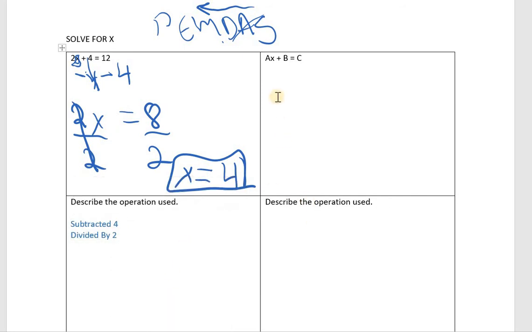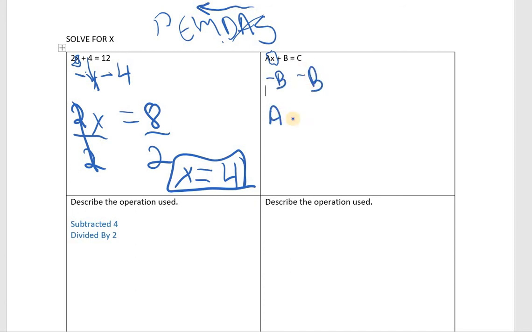All right, and now we're going to use the same idea. We're going to circle our x. And instead of a 4, it's a B, and instead of a 2, it's an A, and instead of 12, it's a C. So it's AX plus B equals C. We're going to use the same opposite operations: minus B on both sides.